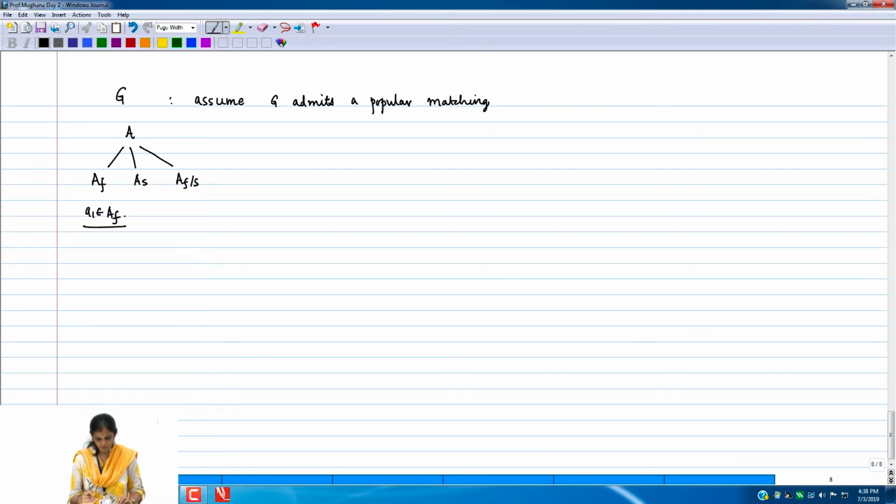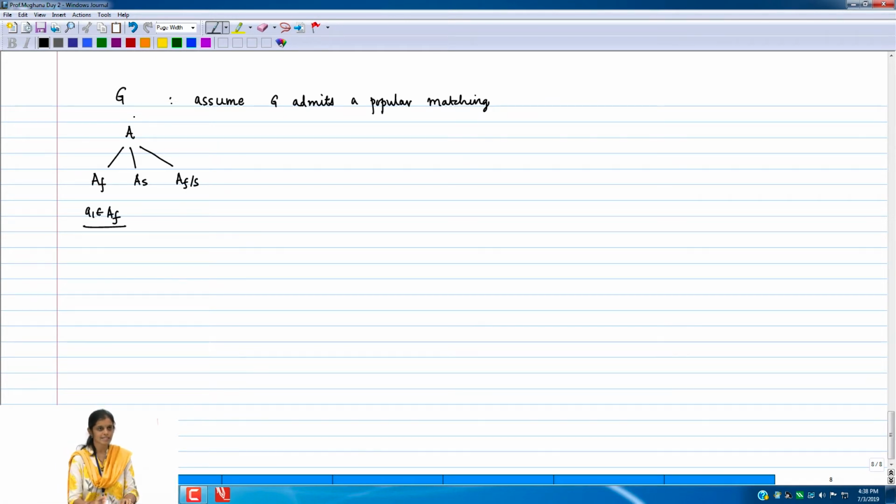So we will take a small detour and try to categorize agents like this, which will also help us develop some things required for this manipulation. Any questions till here? We have not formalized what kind of manipulation is required, but we are just saying that given an instance in which all preferences are true preferences, we would like to distinguish between three types of applicants: AF, AS, and AFS.